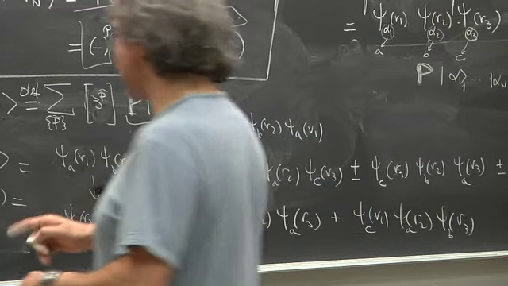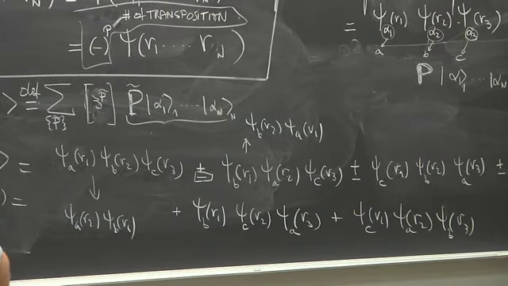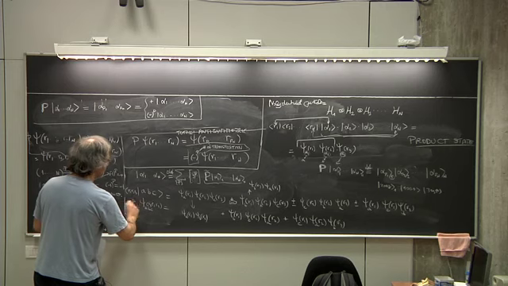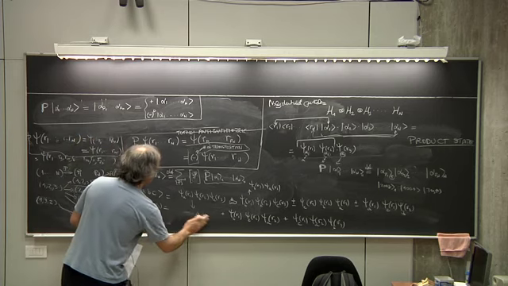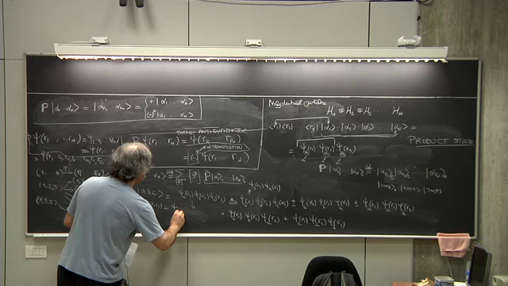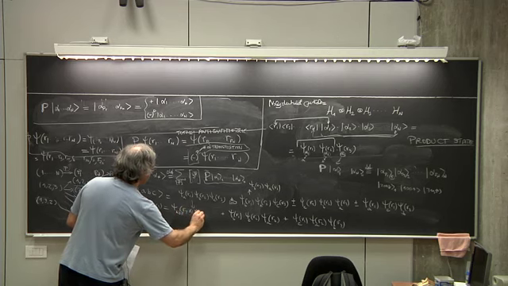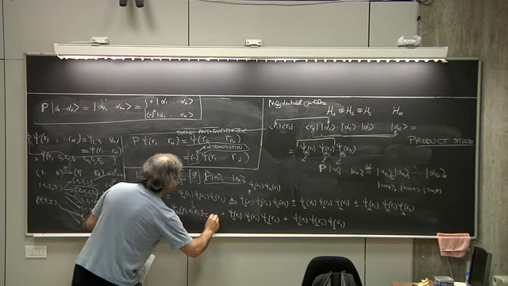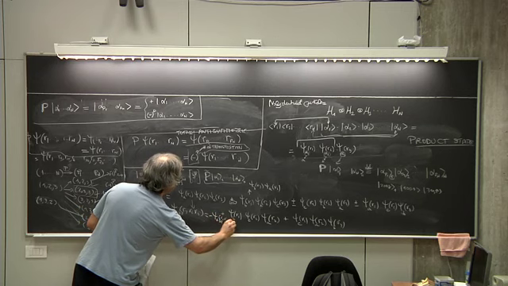So the result is that for fermions, if I do the permutation of 1 and 2, you will get, by definition, R2, R1, but this thing is equal to minus psi A, B, C, R1, R2, R3. Okay?